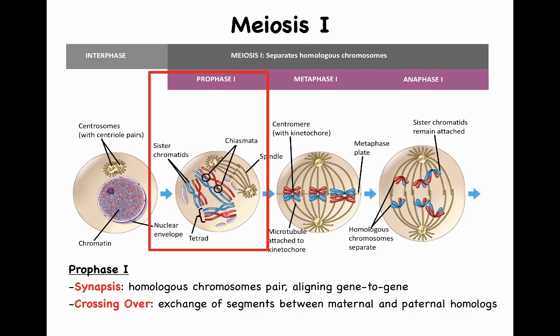The next thing that can happen in prophase 1, and that happens on average for every chromosome in a meiotic division, is exchange of segments between the maternal and the paternal version. That's shown here. Those sites of crossing over are called chiasmata, and you can see that here we've switched the blue and red ends of this chromosome, and you can see that in the output down here.